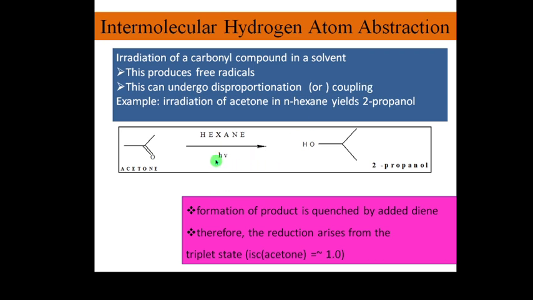According to this reaction, the irradiation of acetone in hexane yields 2-propanol. The product formation is quenched by the addition of diene. So the reduction arises from the triplet state.